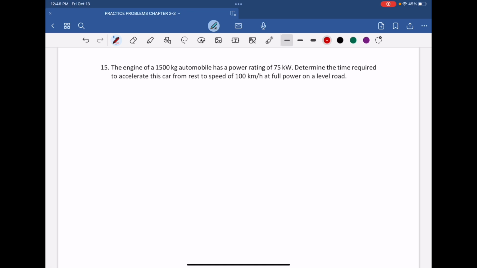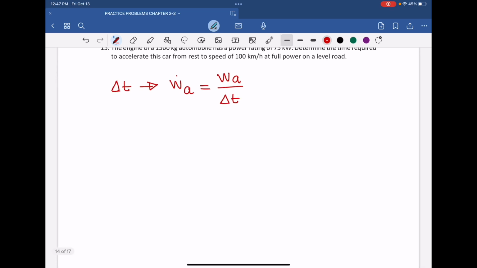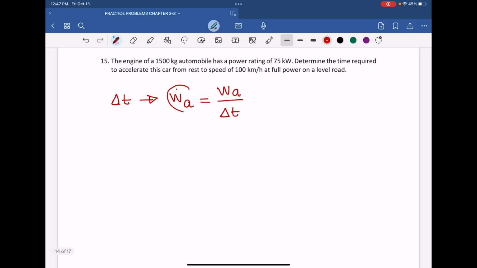So basically what they're telling us is if we want to calculate the time, it only exists in that power equation. It is basically work over time, right? Therefore, I need to know the power, which I know they give to me, 75.